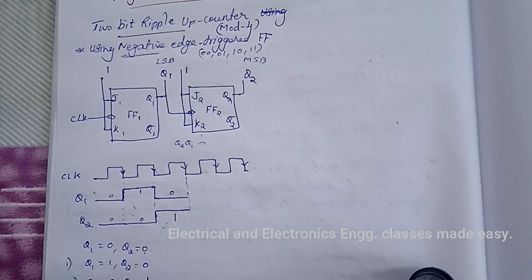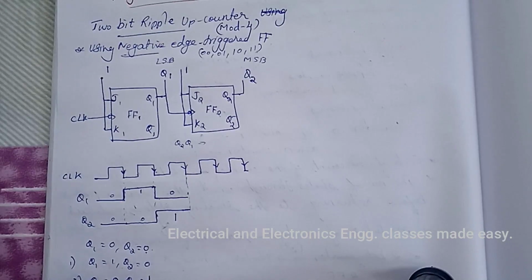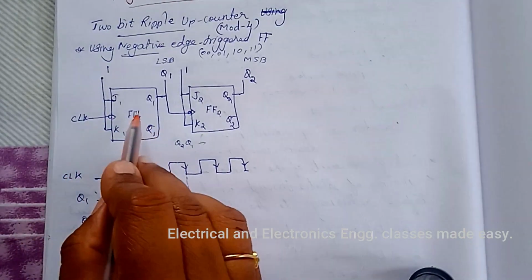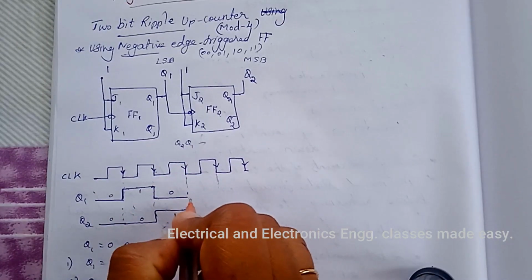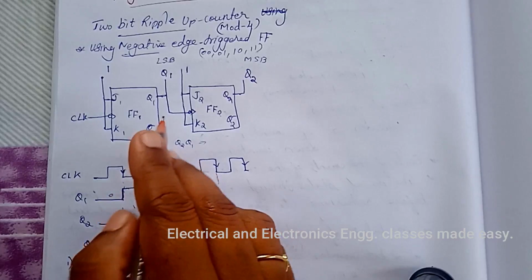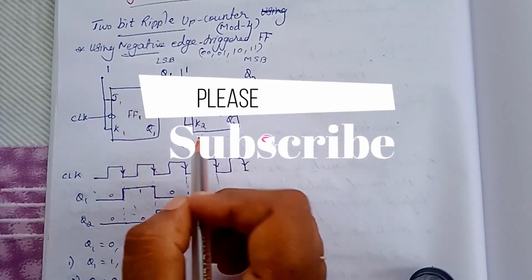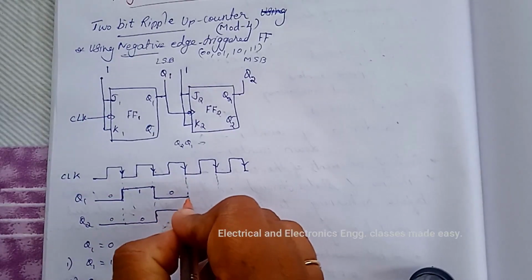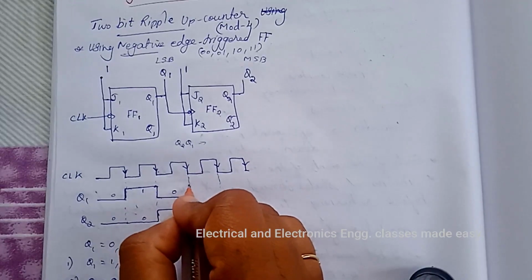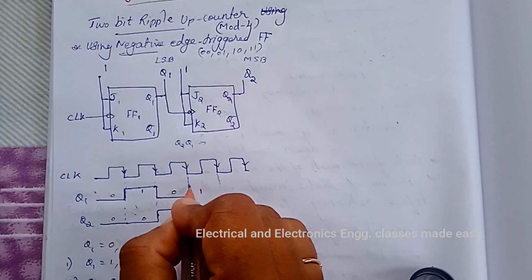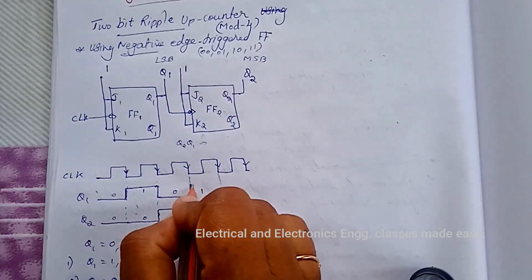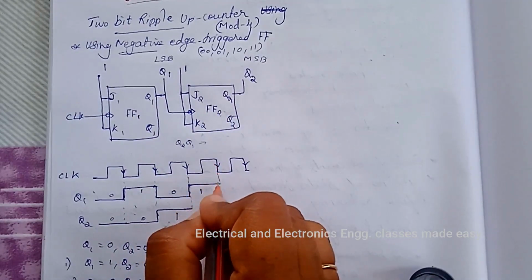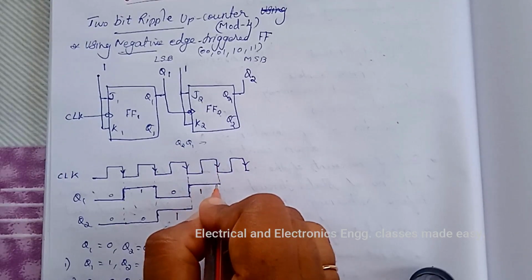And when the third clock pulse is applied, at the negative going edge of the third clock pulse, Q1 again changes. That is, it will become 1. So at the third clock pulse, Q1 becomes 1 and it will continue up to the next negative edge of the clock pulse.